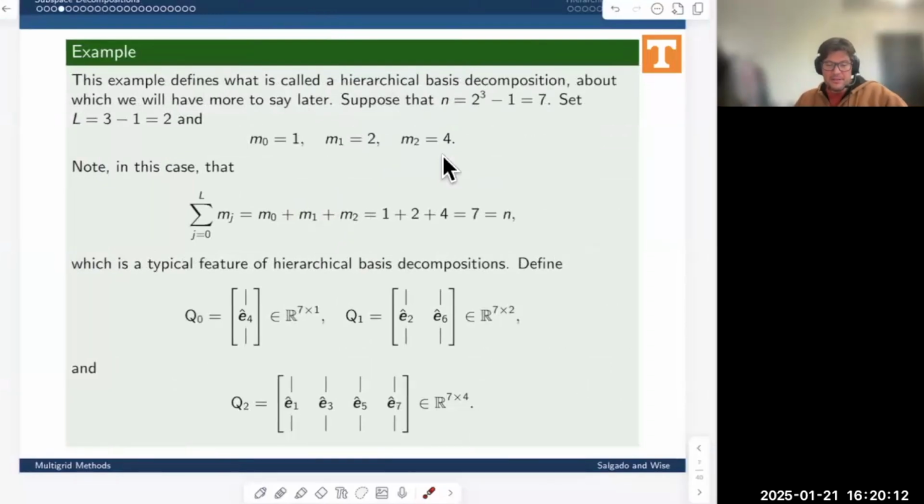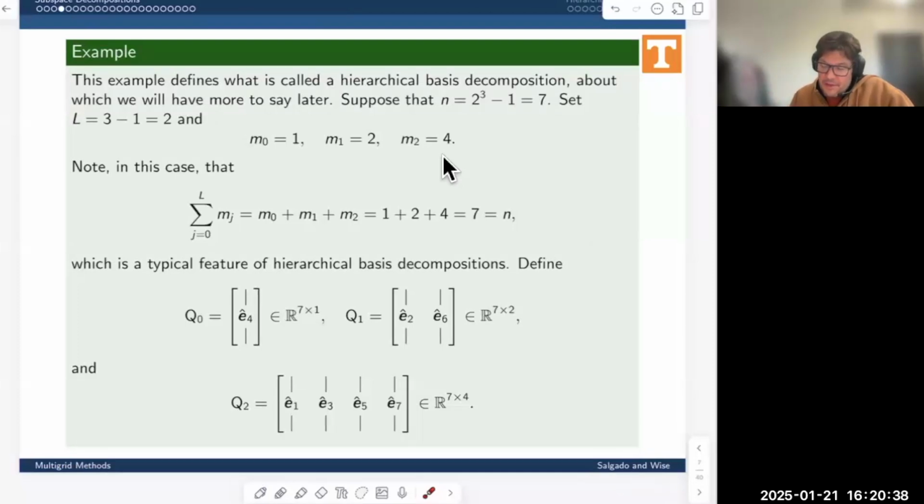Now, I asked you guys last time as we were going through this to have a look at this example. I believe you came up with quite a nice analysis of this. So in this example, we're essentially using the hierarchical basis, although I wasn't telling you where it was coming from before. But the idea is this.